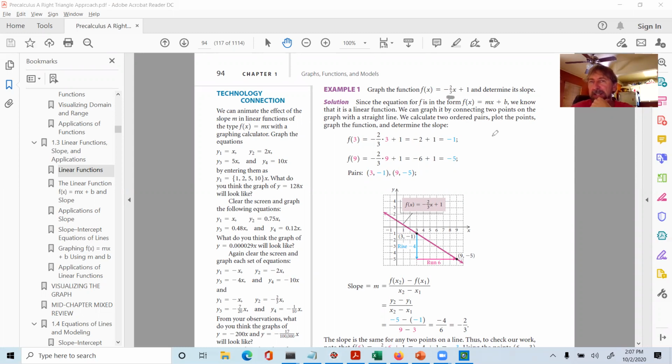I know my slope is negative, which means it's going to be up and to the left or down and to the right, versus up and to the right. And our intercept here is 1. So we have a negative slope and an intercept of 1, which means when x is 0, y is 1. So we have this point, 0, 1.